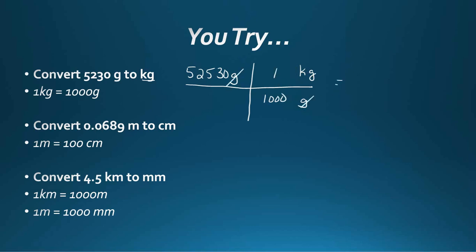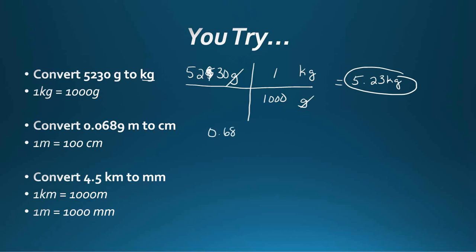Grams cancel. Multiply across the top. 5,230 times 1 is just 5,230. Then 5,230 times 1 divided by 1,000, and you should get 5.23 kilograms.